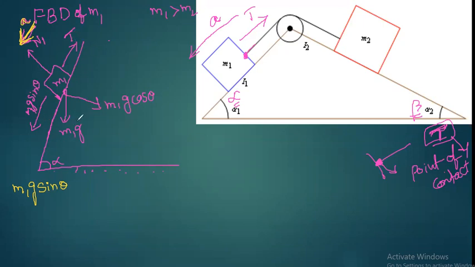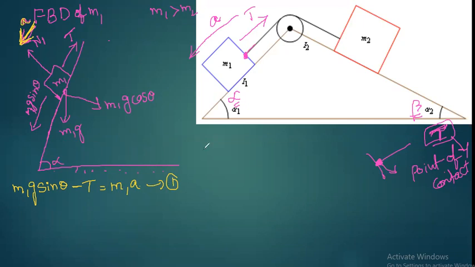That is T, that is minus T. Which is equal to the net force. What about net force? F net is equal to M1A. This is our equation, our first equation.